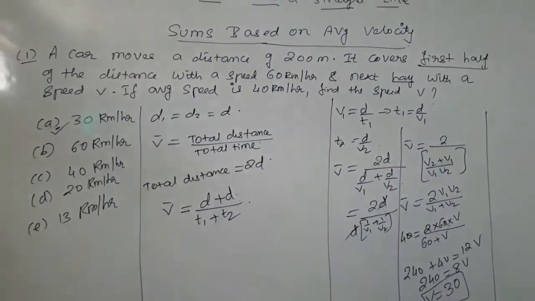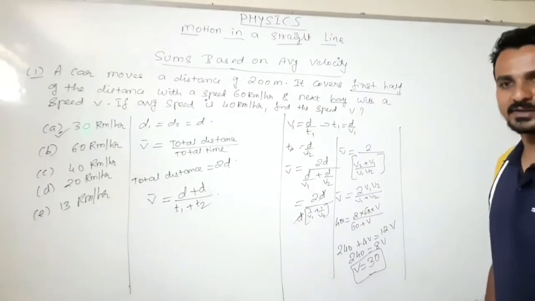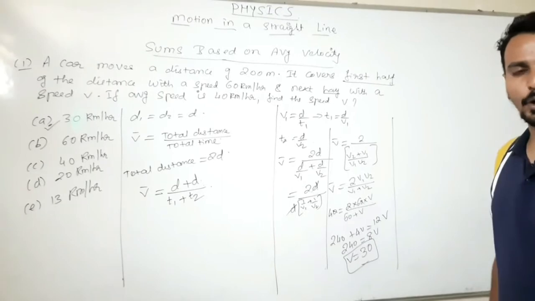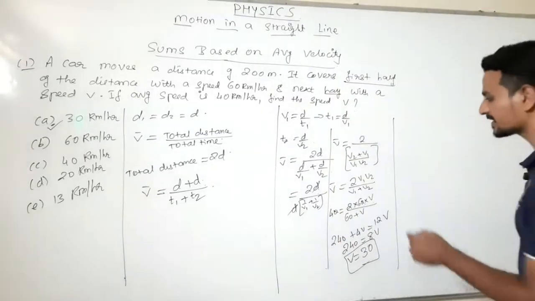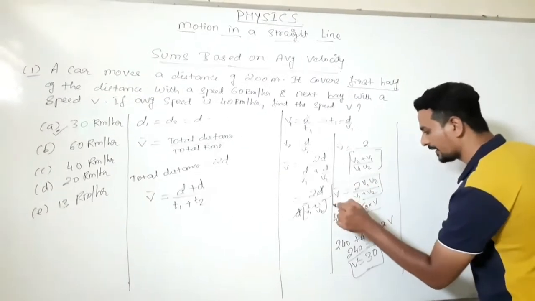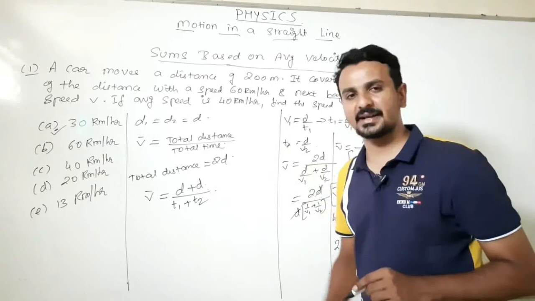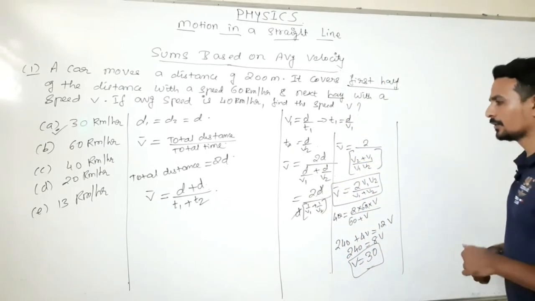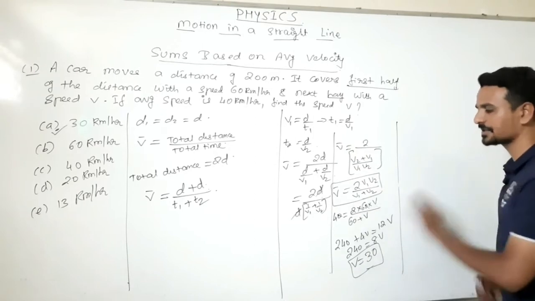In the previous video, we derived the formula for three equal distances, which was 3v1 v2 v3 upon v1 v2 plus v2 v3 plus v3 v1. Similarly, for two equal distances, it is 2v1 v2 upon v1 plus v2, right? So every time this kind of MCQ is asked in NEET or JEE, you don't have to derive this formula, just use it and substitute the values.